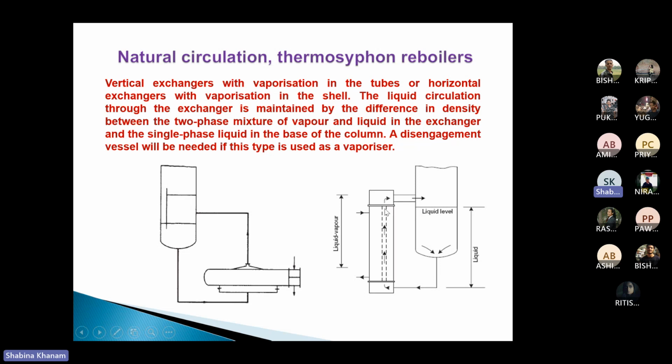So this level as well as this level will both be equal. We consider the pressure drop in this tube, and that pressure drop will be compared with the pressure drop available over here. The available pressure drop would be higher than the pressure drop in this tube; only then is natural circulation possible. Therefore it is mandatory that the upper tube sheet be aligned with the liquid level in the distillation column.